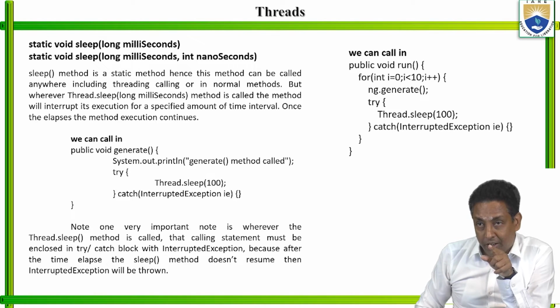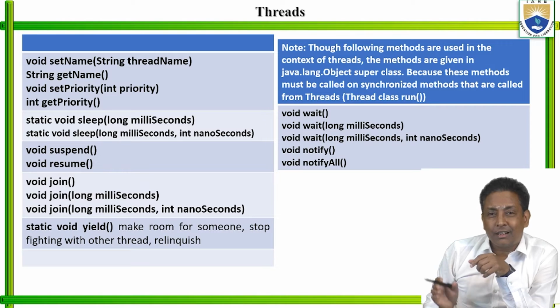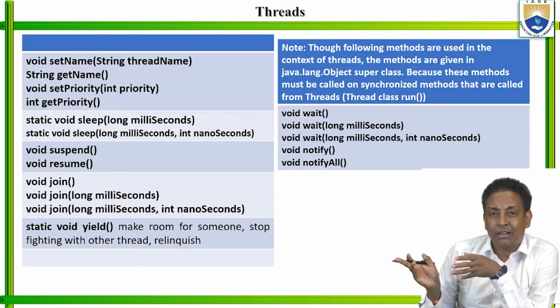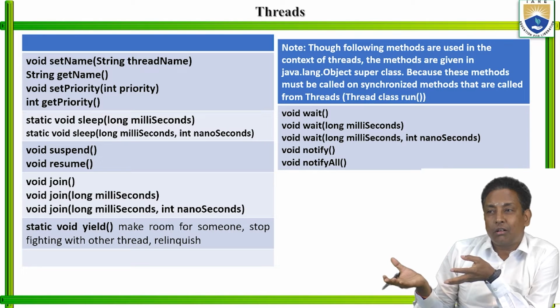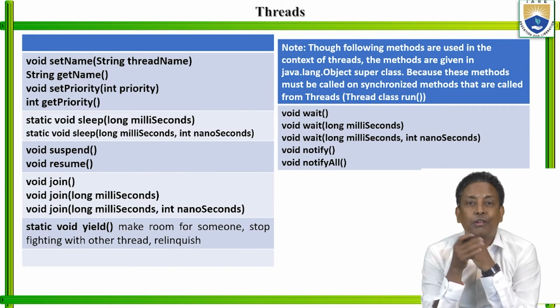Most of the time, developers, and anybody who teaches about the sleep method, will call sleep in the main method. Main is the method from which the client program execution starts, but the actual code lies in the Thread class run method or in the methods called from the thread.